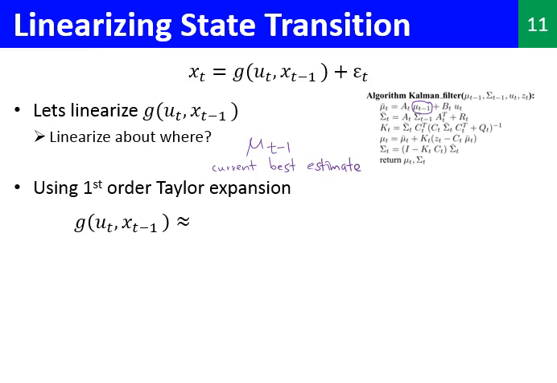Okay, so we can write this as g(u_t, mu_{t-1}) plus the first derivative at u_t and mu_{t-1} times (x_{t-1} minus mu_{t-1}). Okay, so this guy is known.